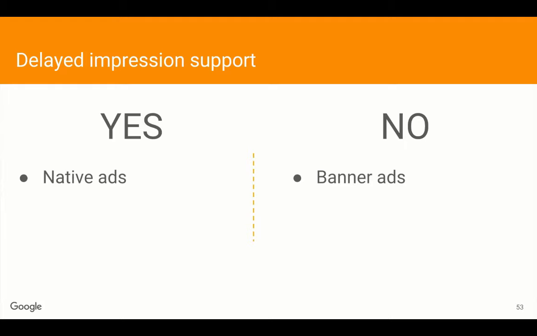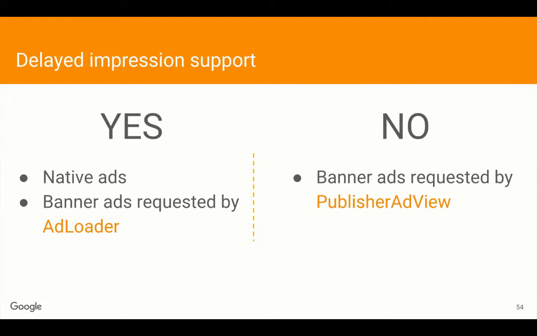When requesting native plus banner, you won't know what type of ad would come back. So, how will you know if you can preload the ad? To allow preloading with native plus banner, we are adding delay impression support to the banner ads that are loaded by the ad loader.